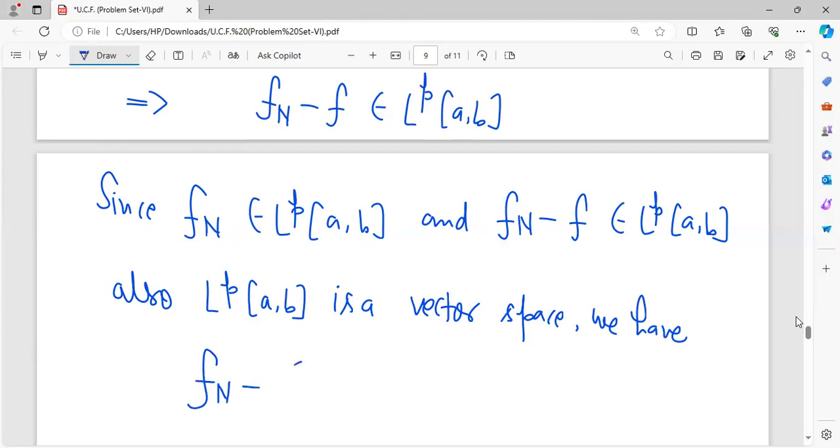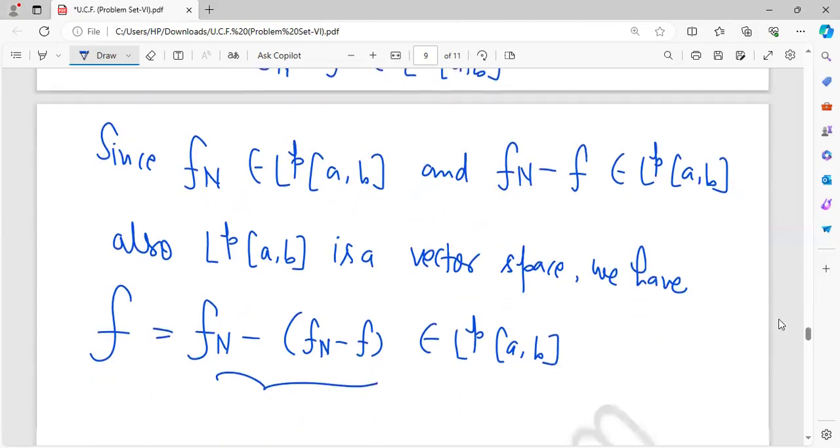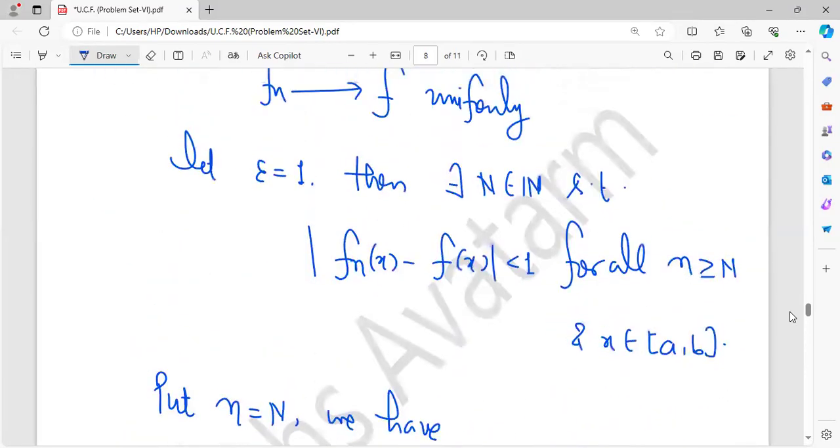fn minus f will also belong to LP(a,b). And what is this quantity? This is nothing but f. So this implies f belongs to LP(a,b). So f belongs to LP.